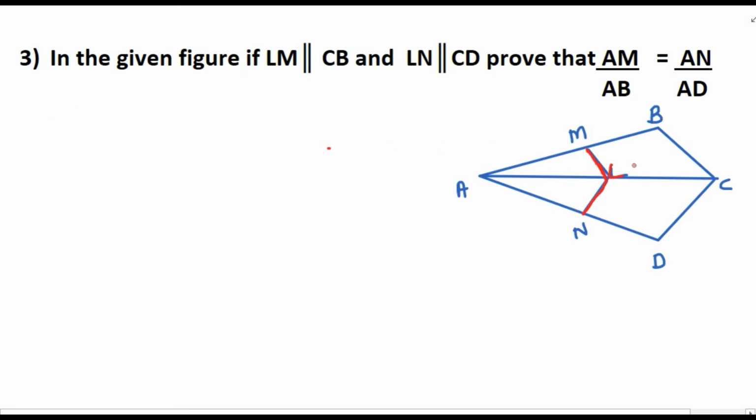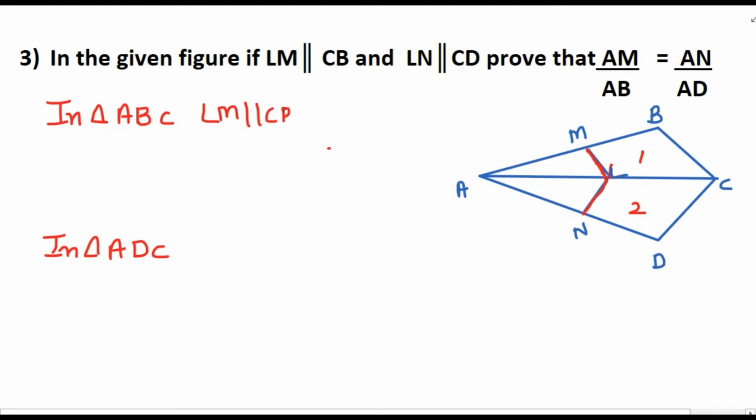So here we can see two triangles, one above the line AC and second below the line AC. The first triangle is ABC and the second triangle is ADC. Since they have given LM is parallel to CB, by corollary of basic proportionality theorem, when I have drawn this line, I have got a new triangle, that is AML.